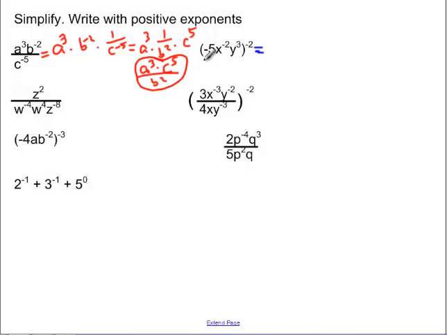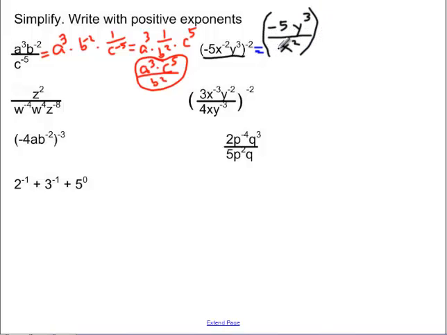So here's my base, and I'm going to simplify my base, because later on I'll take everything to the negative 2 power. I will simplify the base by saying I've got negative 5, and I've got y cubed over x squared. All I'm doing is taking that x to the negative 2 power, putting it in my denominator, moving it to the opposite side of the divided by sign, changing the negative 2 to a positive 2, and that then is my simplified base.